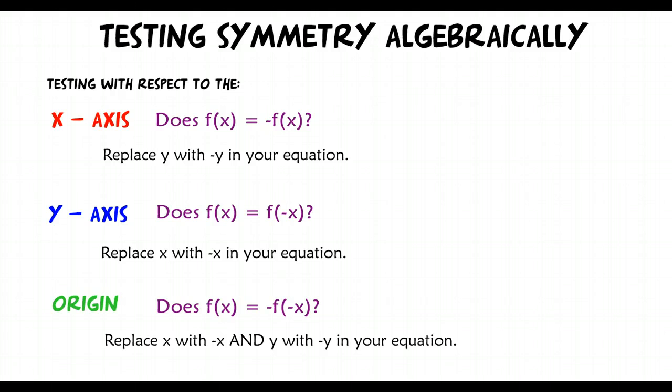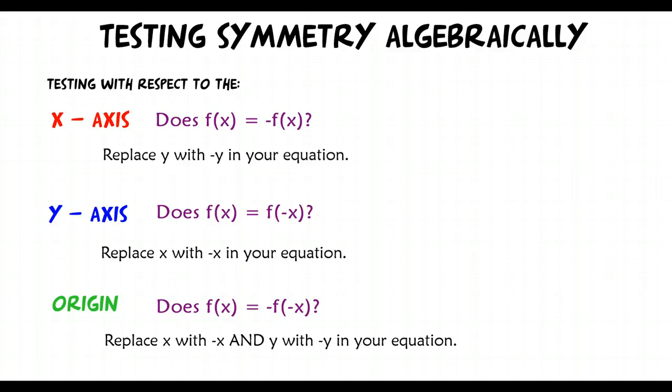If you're checking to see if a function or relation is symmetric with respect to the y-axis, you test, does f(x) equal f(-x)? In this case, algebraically, you replace the x with negative x in your equation. If you're testing with respect to the origin, you want to test, does f(x) equal negative f(-x)? So this time you're going to replace both the x with negative x and the y with negative y to see if your resulting equation is equal to the original.